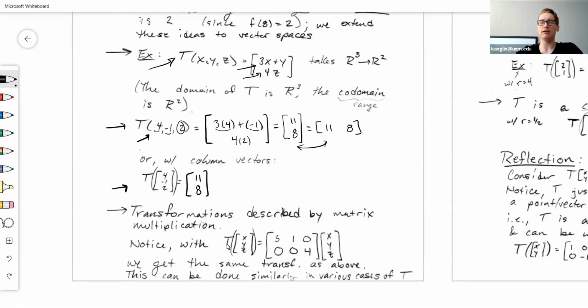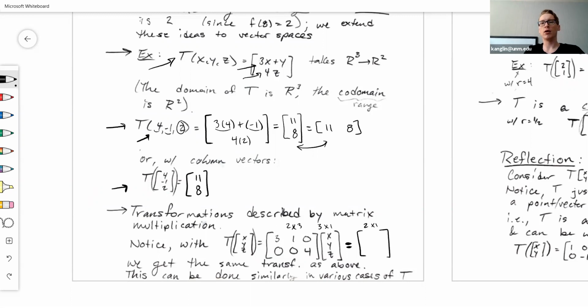So I'm writing T, this is like our function evaluated at the input x, y, z, defined just to equal this fixed matrix multiplied on the column x, y, z. If I define this matrix multiplication to be what T does to the input, multiplies it by that matrix, it turns out in this case, you can compute this multiplication and check out what you get. This is 2 by 3, 3 by 1, so we expect the result to be 2 by 1.